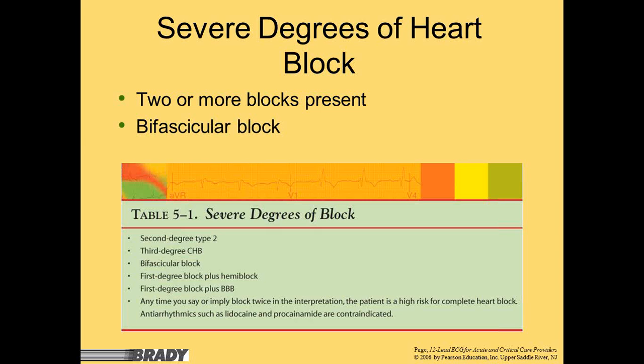So the blocks that we're considering when we're talking about two or more blocks are second degree type 2, a third degree, a complete heart block, a bifascicular block, which is what we have here, a first degree block plus a hemiblock, a first degree block plus a bundle branch block, or any time you say or imply a block twice in the interpretation, the patient's at high risk for complete heart block.